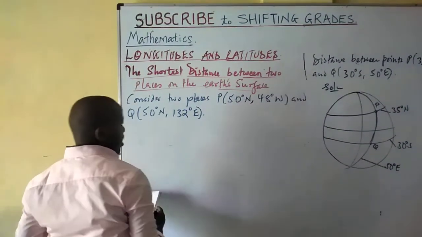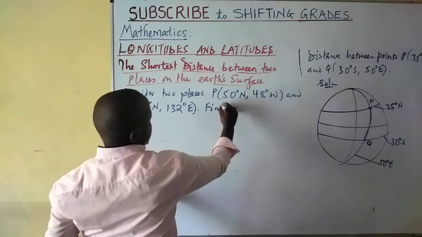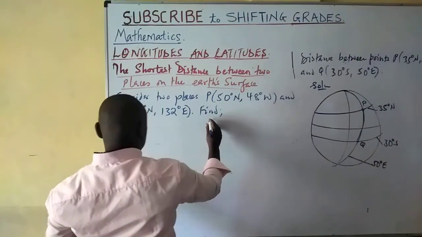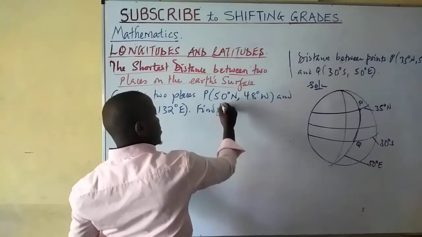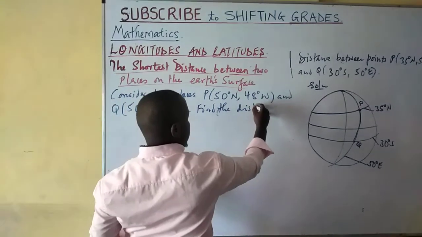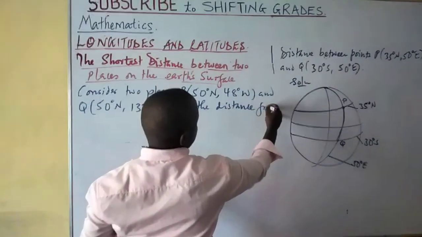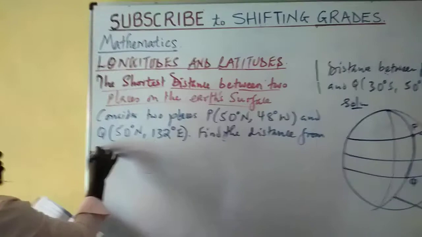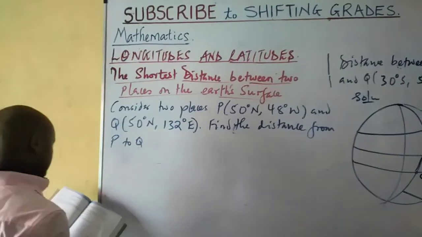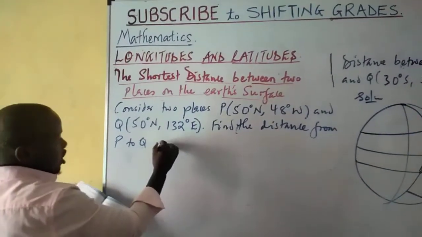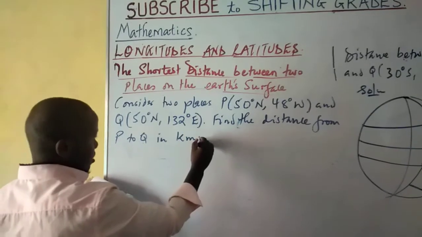Then you are told to find the distance from P to Q in kilometers.